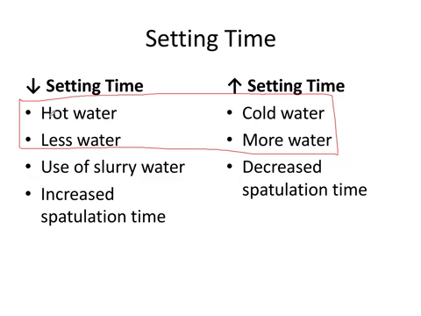So just like in alginate, using hotter water or using less water decreases the setting time. And the opposite is true for making the setting time longer. Now we have some additional information here. The use of slurry water can also make the gypsum set quicker.